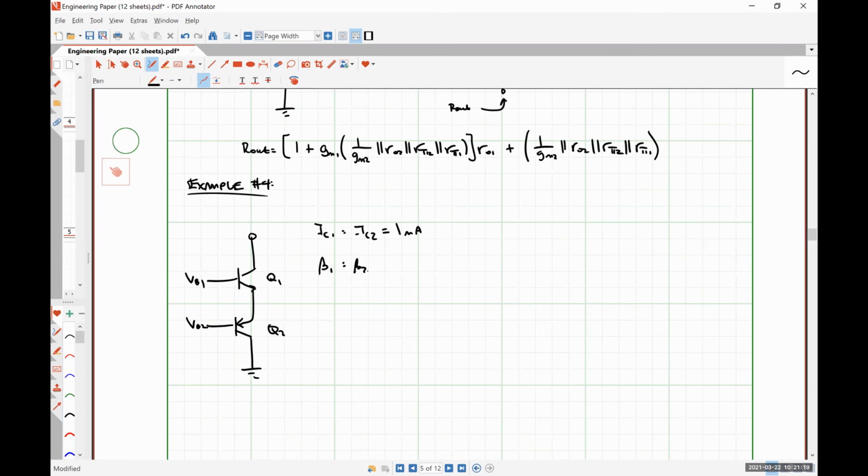Beta 1 is equal to beta 2 is equal to 100. And our early voltages VA1 is equal to VA2 is equal to 5 volts. We find that our output resistance, if we plug in all of our numbers, comes out to be 9.902 kiloohms, or approximately twice ro1. So this actually does a worse job of boosting our output impedance than a simple resistor does. So it is obviously to be avoided.